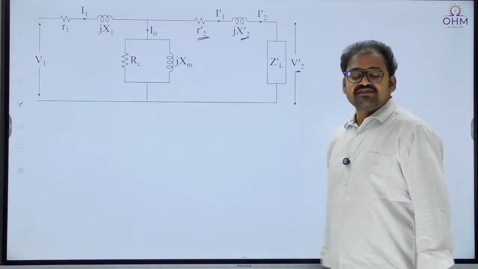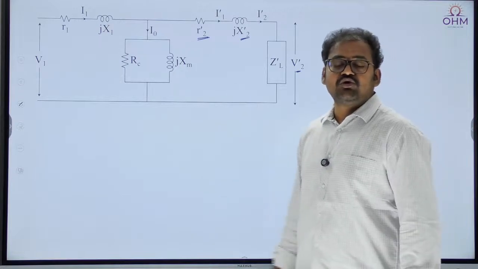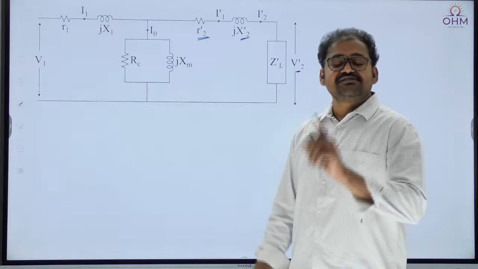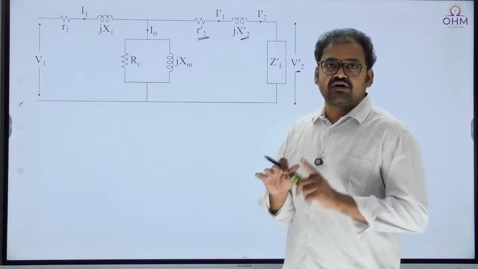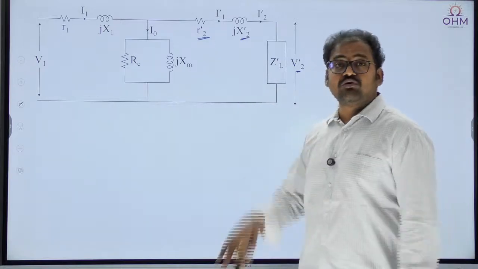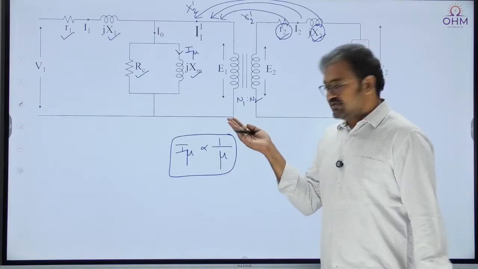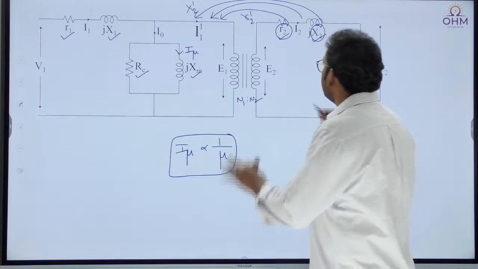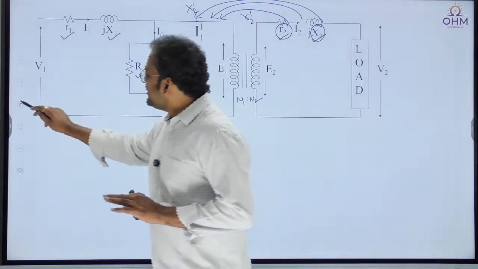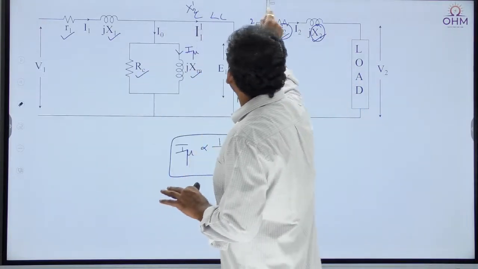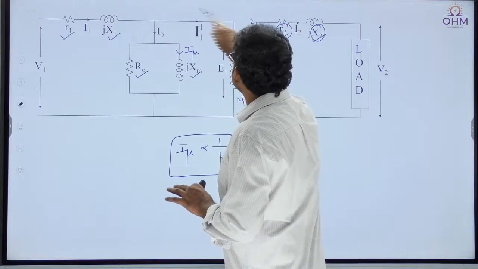Now, is it a single electrical circuit or two isolated electrical circuits? A single electrical circuit. But you may have a doubt here: what are the formulas, and how do we transfer parameters? There are derivations for that, but we are not doing derivations right now. My intention is to give you a simple shortcut so you can remember all these parameters easily.